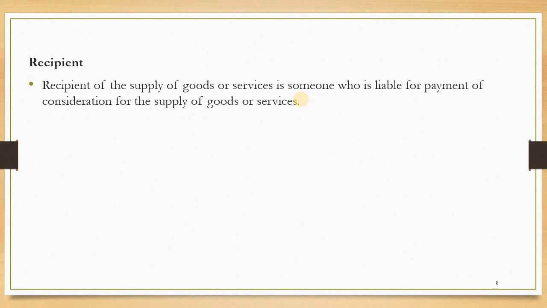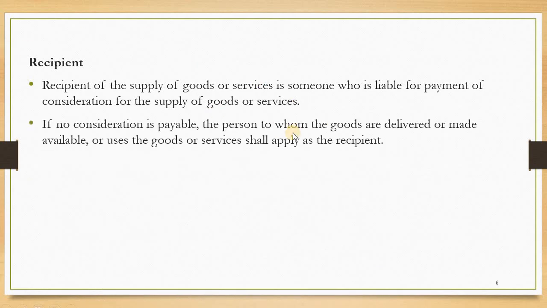Now imagine there is no consideration at all. At that time, who is the recipient? If there is no consideration, then the person to whom goods are delivered or made available, or one who uses the goods or service, shall be the recipient. That is in case where there is no consideration payable.